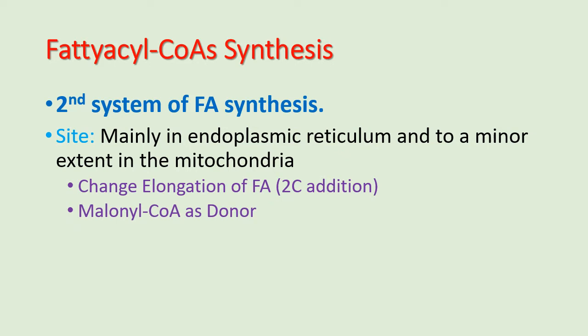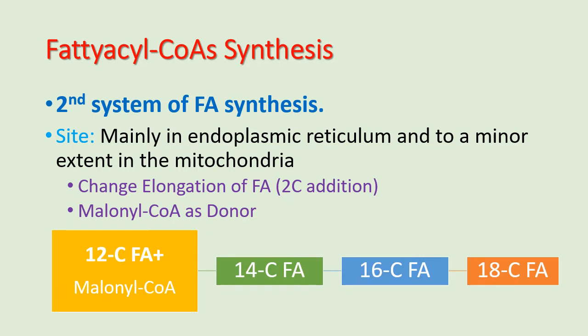In this system the donor is malonyl-CoA. Malonyl-CoA provides the carbon atoms required for the chain elongation. So a 12 carbon fatty acid with the donor malonyl-CoA is converted into a 14 carbon fatty acid, then into 16 carbon, then into 18 carbon fatty acid.